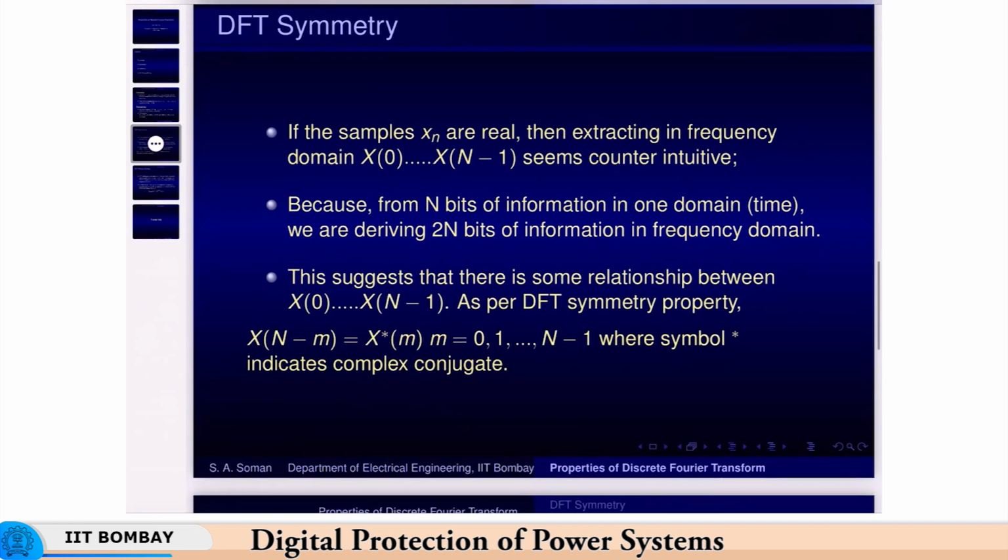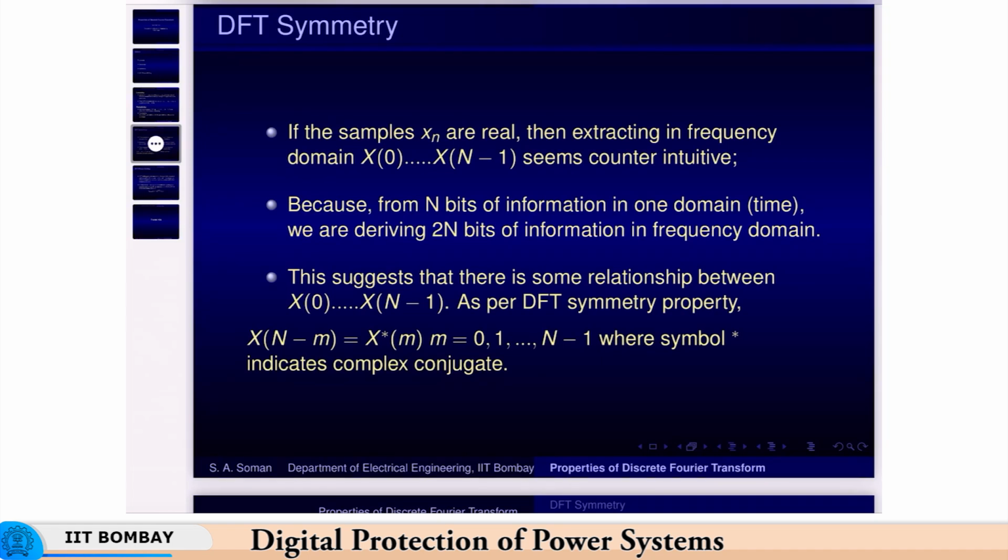Okay. What it says is that x of n minus m, where n is the number of samples, is the complex conjugate of x of m. Or the other way, x of m is the complex conjugate of x of n minus m.